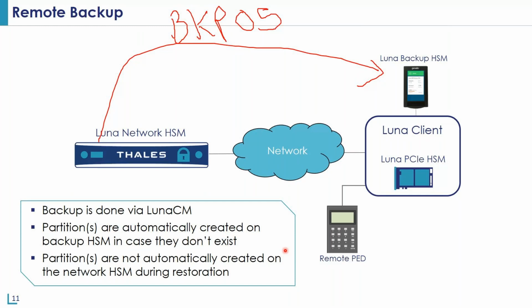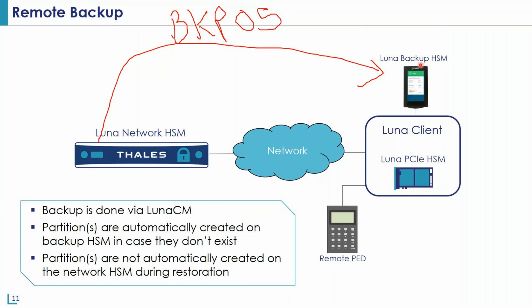No worries. Let me come back to that. So when you run the command to take the backup, there will be a command partition archive backup, and you have to give a partition name. Same concept for G5 and G7 both. So you will give the name, let's say BKP05. This is the target partition on my backup HSM. If this BKP05 is not found on your backup HSM, this command will not give you any error.